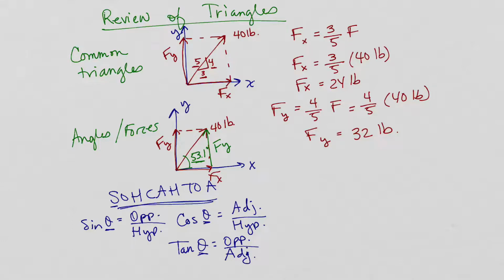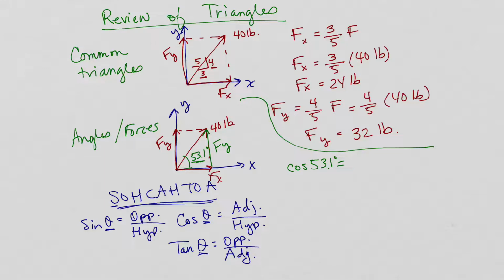So let's figure out what this one would be. It's the same, so we should come to the same conclusions. F of x is going to equal, you get used to doing it sort of a shortcut way, the cosine of that 53.1 degrees equals adjacent.